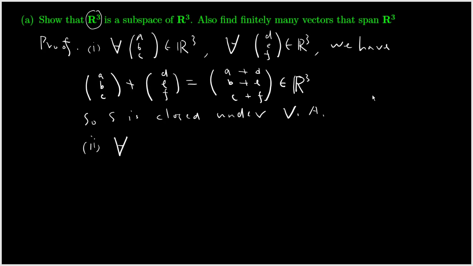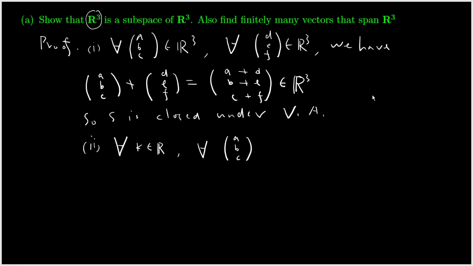You choose an arbitrary number, can use K. Because I have used C earlier, I'm going to use K to denote an arbitrary number. For any real number, actually for any scalar. And for any vector in R3, now let's say ABC.